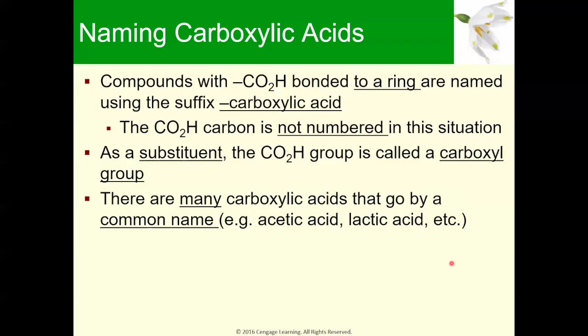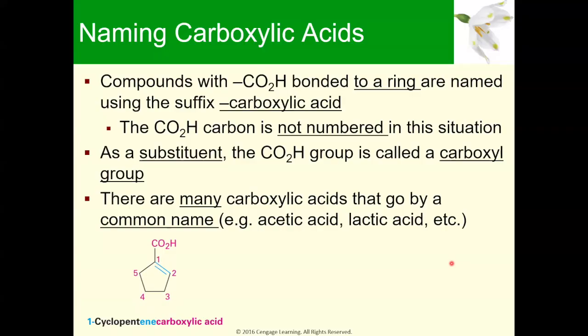And if that's not complicated enough, now we make it really chaotic because there are lots of carboxylic acids that go by the common name. For example, acetic acid, we talked about acetic acid. And then lactic acid, again, has applications in biology and physiology. So don't get too comfortable with the naming rules because many times those just get thrown out and they use the common name.